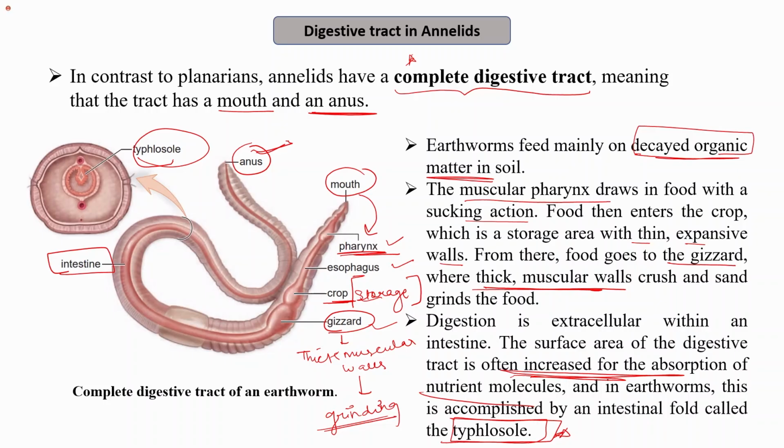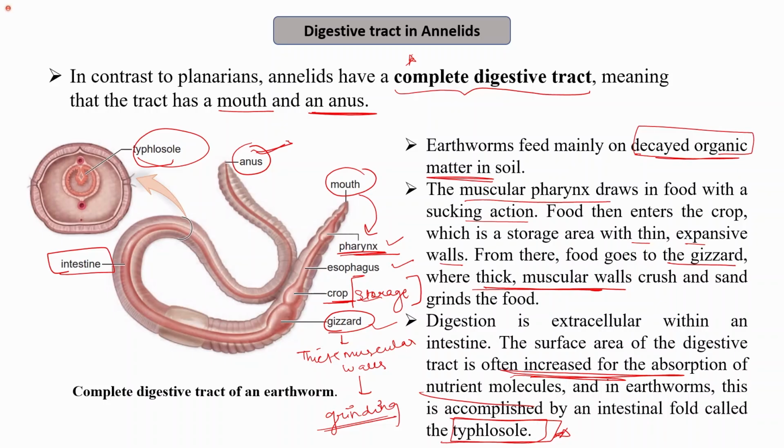They do not have any stomach, so the food is absorbed in the intestine. The ground food is digested extracellularly within the intestine only, and from there the nutrients are absorbed. They have a special structure in this intestine, which is the typhlosole. So this typhlosole helps in increasing the surface area of the intestine for the absorption of nutrients.